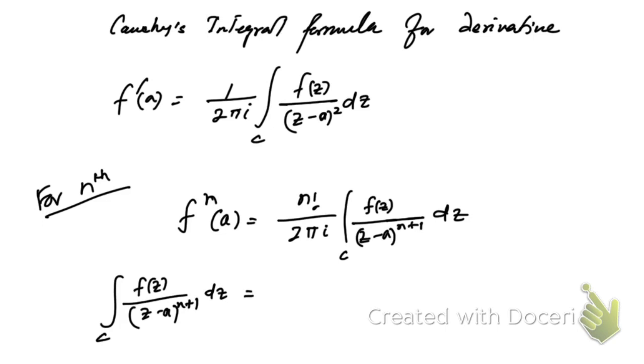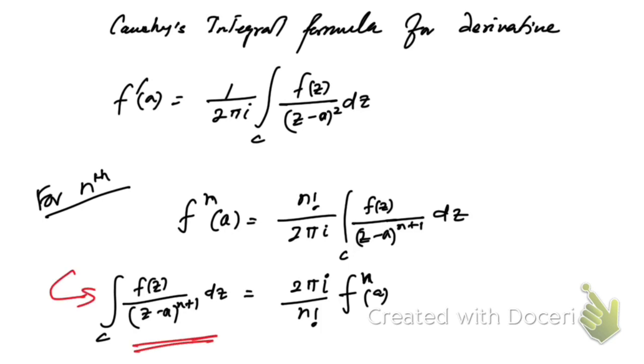This implies that the integral of f of z by z minus a to the power n plus 1 dz is equal to 2 pi i by factorial n times the nth order derivative of f at the point a. So using this we're going to evaluate this kind of integration. Hope you have understood this.